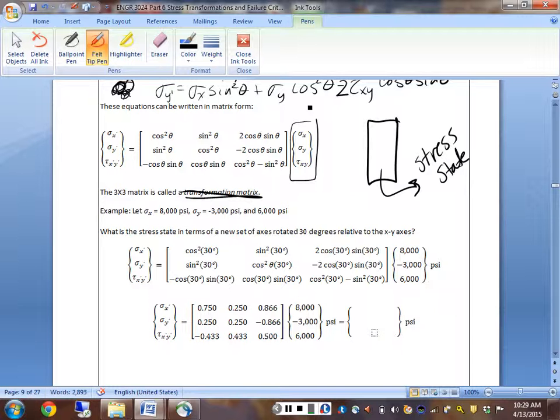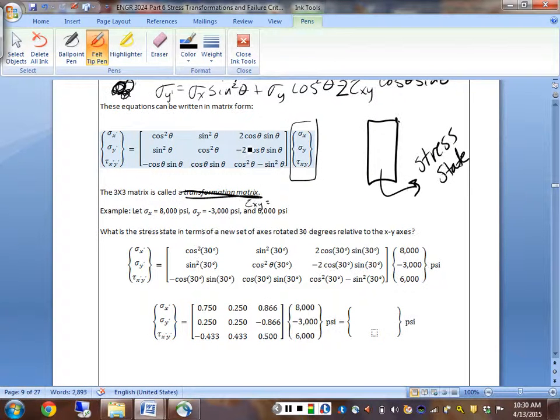And I say, okay, now we want to rotate that coordinate system by 30 degrees. You just use this transformation matrix. So a sort of arbitrary example is a stress state that is sigma x equals 8,000, sigma y equals negative 3,000, and then the course pack is missing the fact that tau xy equals a plus 6,000.